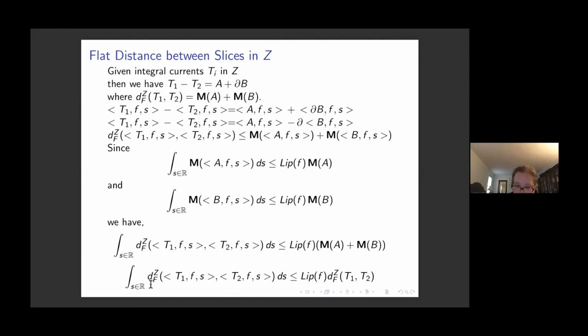So that means the integral of the flat distances is less than or equal to the Lipschitz constant times the flat distance from T1 to T2. Okay, because remember, mass A plus mass B was achieving this flat distance from T1 to T2. So now we have this estimate on controlling the flat distances between slices.